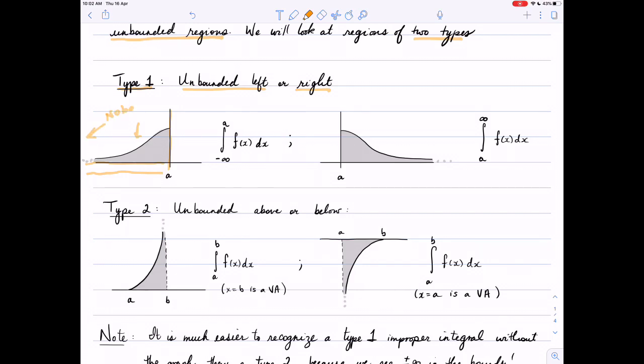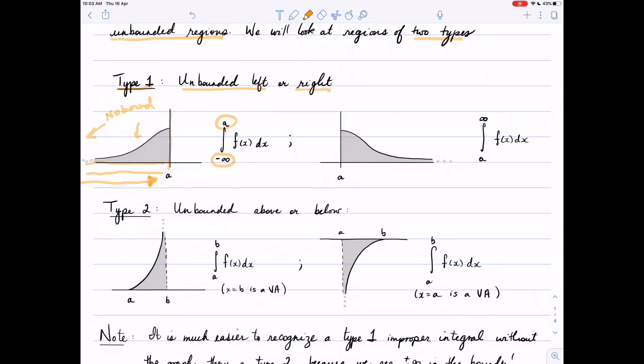And so the way that we would write the integral that represents the area of this region is the integral from minus infinity to this point A of f of x dx. From somewhere that you cannot even start, minus infinity, to point A.